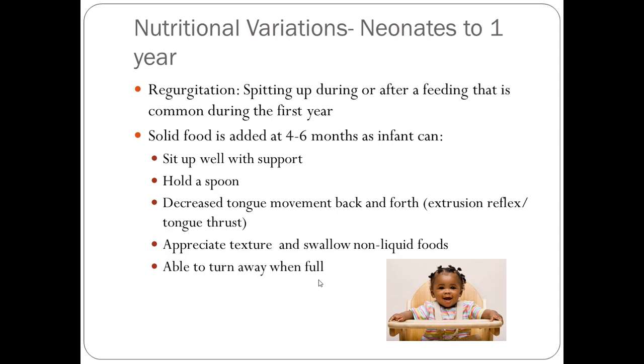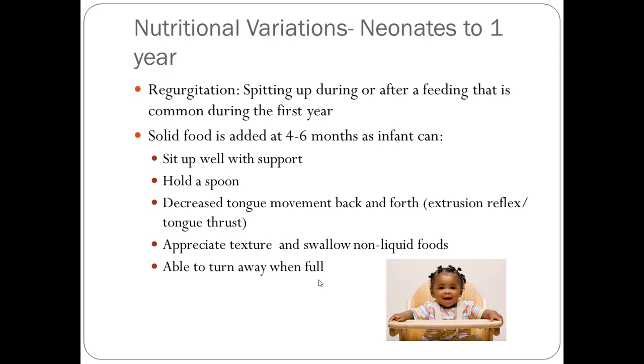But we want them to be able to sit up well, with or without support. We want them to hold a spoon. They need to be able to chew. The tongue movement back and forth that they did to suck on the bottle is not quite as pronounced. They will still mash their food that way, but it won't be as pronounced.